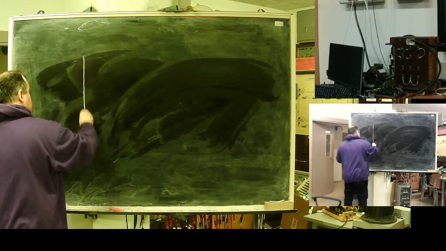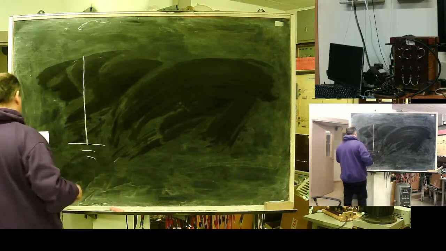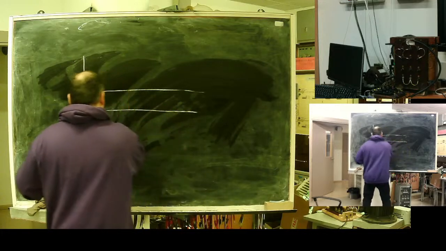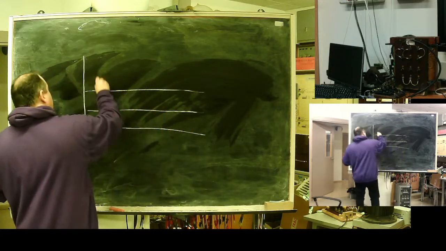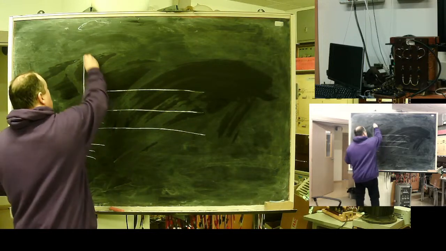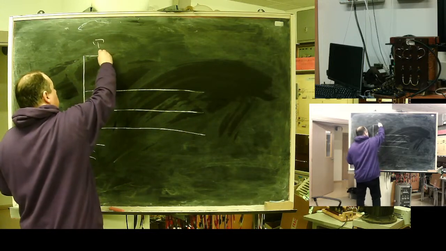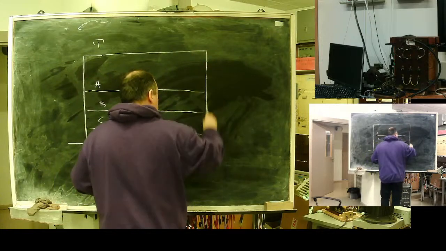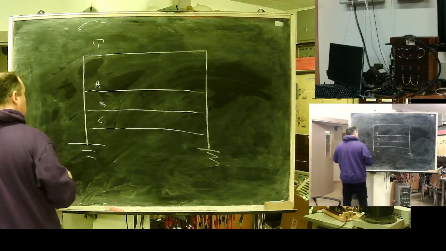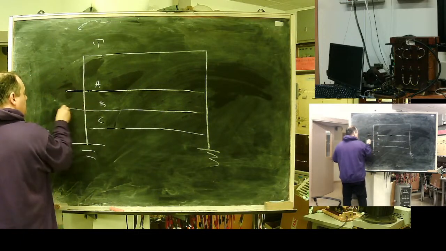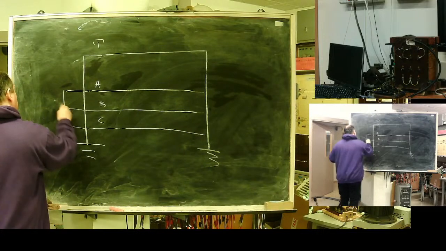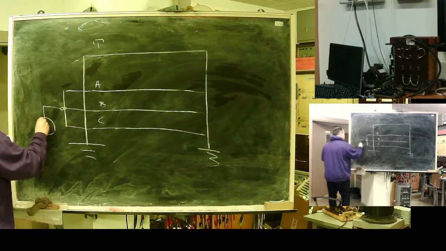We can consider something like this. So we have A, B, C phases and one more element, ground. Wait 1 second. I'm not drawing on the base plate. This should be.